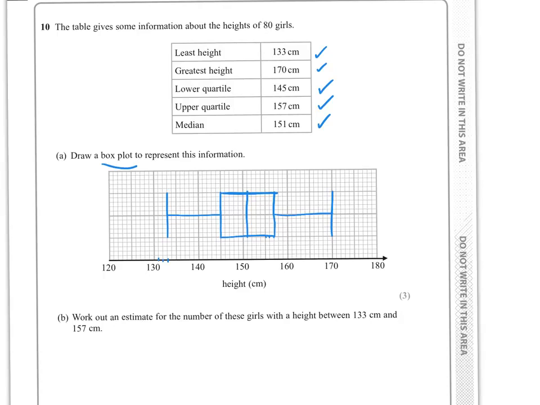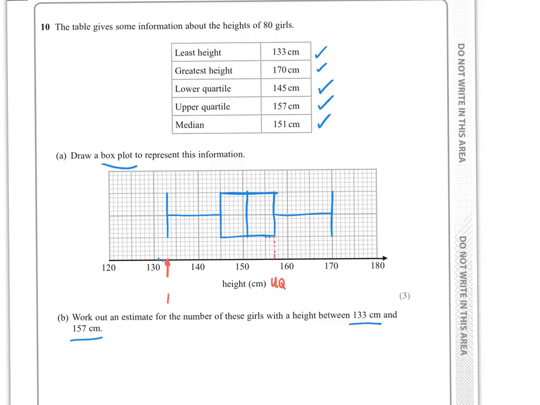It then says work out an estimate for the number of these girls with a height between 133 and 157. Well, 133 is the least, and 157 in this case is the upper quartile.